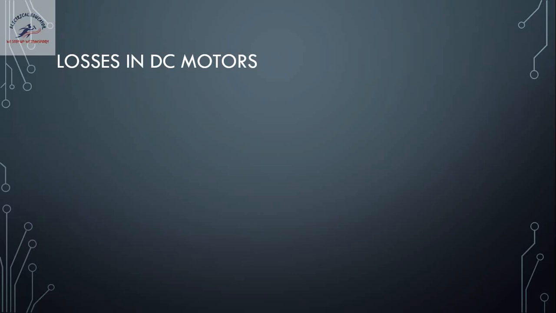The efficiency is not 100% because of certain losses in it. If we understand what losses are present, and later analyze how to minimize these losses, then it is possible to improve the efficiency of machines.